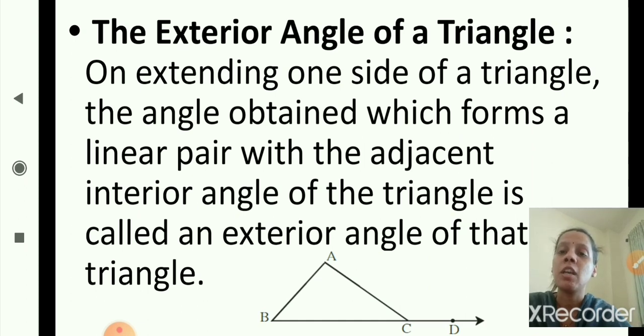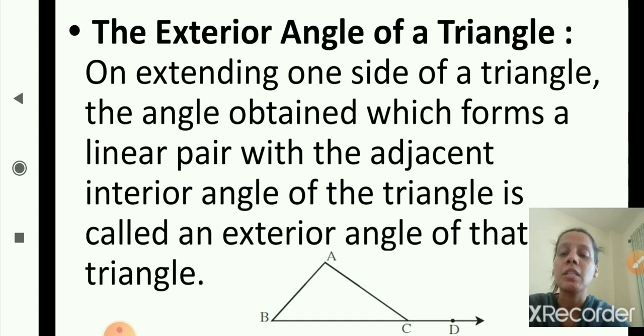So which is the triangle here? Triangle ABC in the figure. On extending side BC, the angle which is obtained, that is angle ACD, forms a linear pair with the adjacent interior angle. Angle ACD forms a linear pair with which angle? Angle ACB, correct. So this angle is called an exterior angle of the triangle.